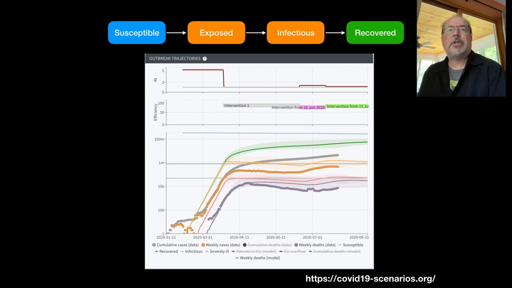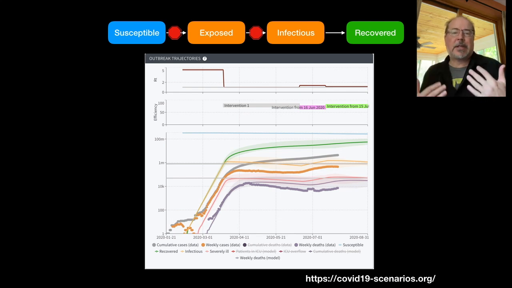So this is just to remind you that we can look at this graph and see that the blue line represents the susceptible individuals. The orange represents exposed and infectious individuals. We can't tell those apart based on reporting data. And the green represents recovered individuals in this model. The important thing is that the interventions that we're imposing can stop susceptible individuals from being exposed, say by physical distancing, masking.